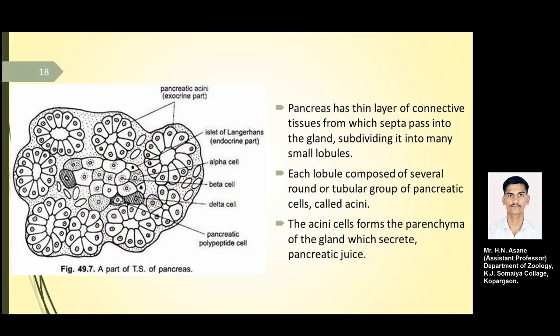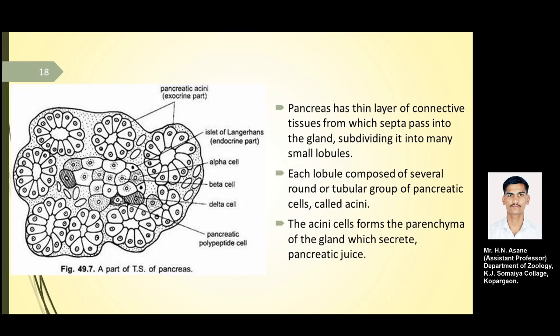This picture is showing the TS of the pancreas. In the microscopic structure, the pancreas has a thin covering of loose connective tissue which forms the septa. That septa passes into the gland, subdividing it into many small lobules.